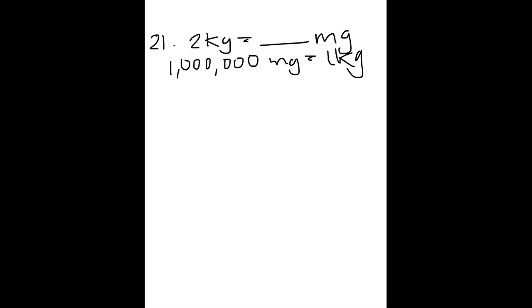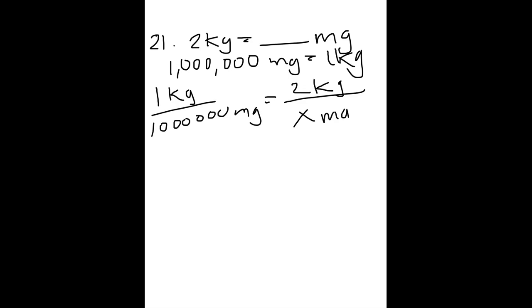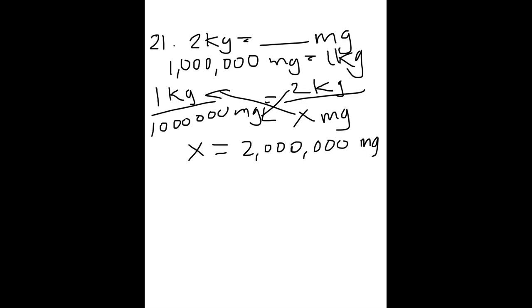So I'm just going to use the ratio and proportion method. So 1 kilogram over 1 million milligrams is equal to 2 kilograms over X milligrams. So cross multiply. 2 times 1 million would equal 2 million. So X is equal to 2 million milligrams.